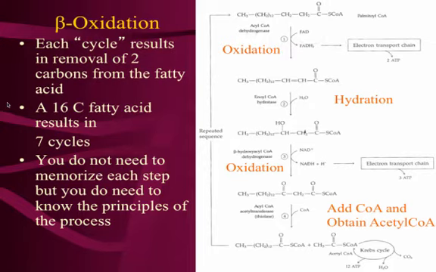First step, and you don't have to remember this enzyme, any of these enzymes actually. Palmitoyl CoA is oxidized, and as the name implies, a dehydrogenase does it. So hydrogens come off, they're added to FAD.